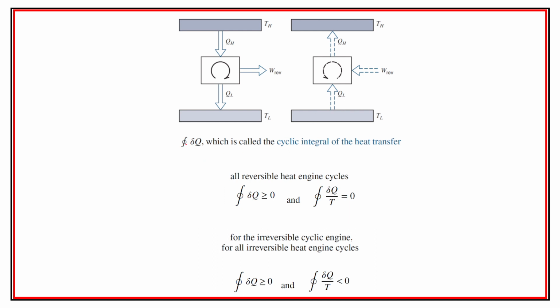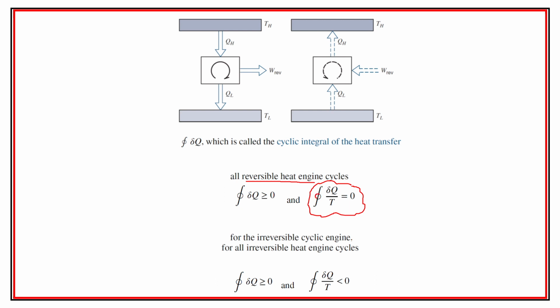So we talk about the cyclic integral, just saying that we're going to keep going around and around, and so the net heat transfer has to be greater than 0. We're always going to be losing something, and so we have this little statement right here that if it was a reversible heat engine, dividing the change in heat around the cycle, right?